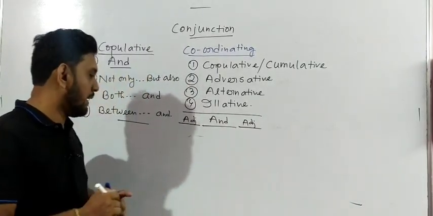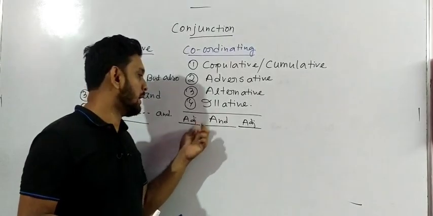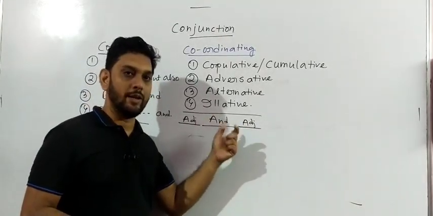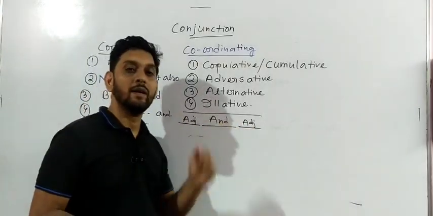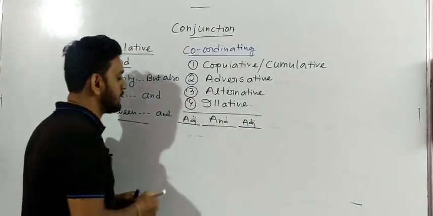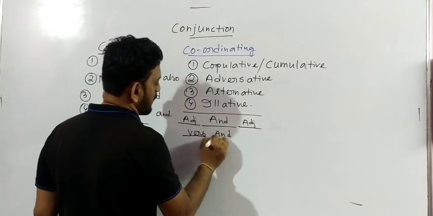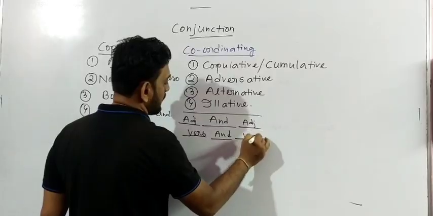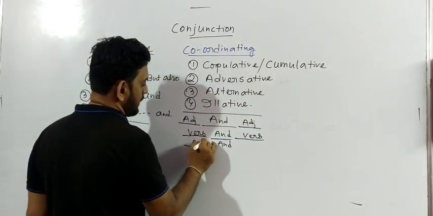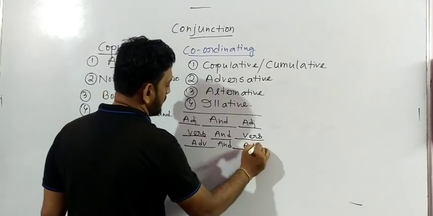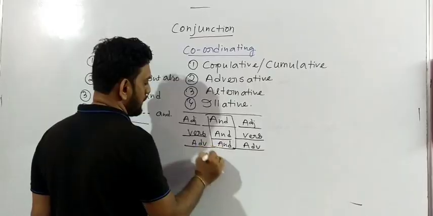Suppose you have written a word whose part of speech is adjective, so you should also write an adjective word after it. If it is a verb before and, after and also you should use a verb. Before and, if there is an adverb, you should also write an adverb. So that's a very important thing you should remember.